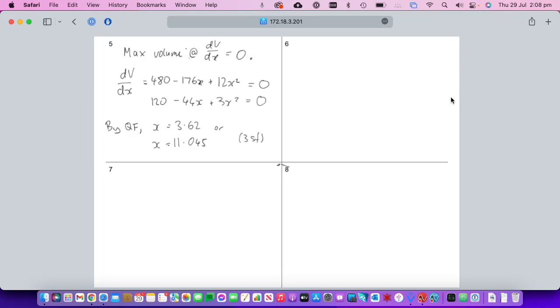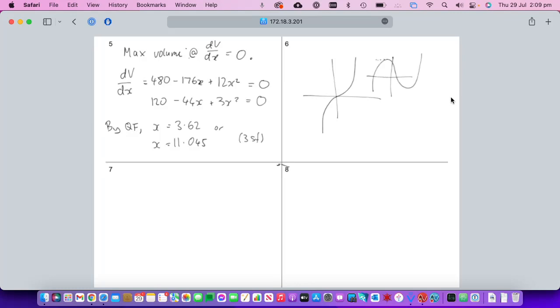So we've got two values, 3.62 and 11.045. Either of those could be a maximum. If you know what a cubic looks like, and unfortunately in this course you don't need to know, a cubic either looks like this, and transformations will take it elsewhere, or it looks like this.